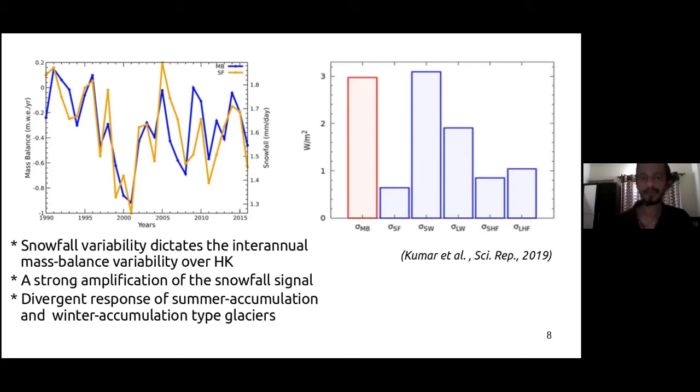As a result, one would expect glacier mass balance to be more sensitive to temperature warming, particularly in the central and eastern Himalaya. On the other hand, in Karakoram, snowfall is not depending on temperature, so warming does not matter as much, and that is consistent with the pattern that we're seeing.